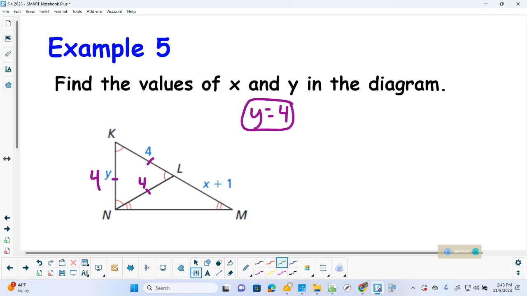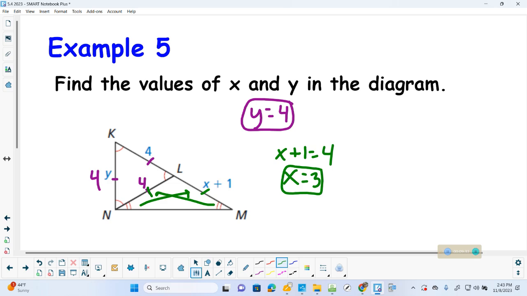I see I have my 2 congruent base angles, so of course the sides across from them are congruent. All right. So x plus 1 and 4 are equal. Well, let's just do a little mental math. I don't think we need to do anything else. What's x? 3. Got it. So just practicing that equilateral, equiangular all ties together. Any questions on that one?